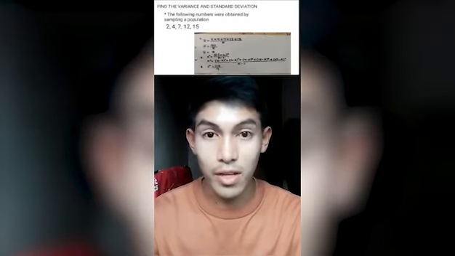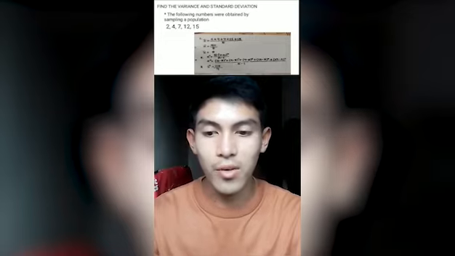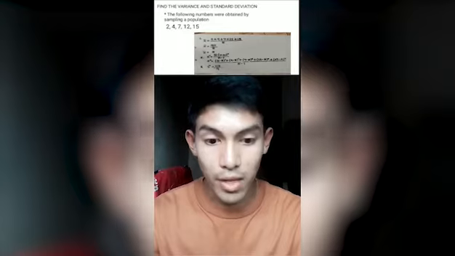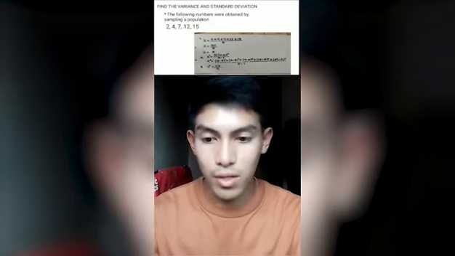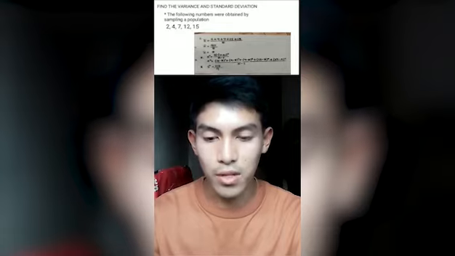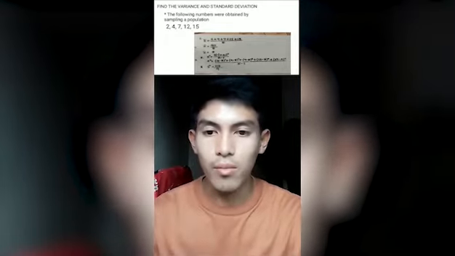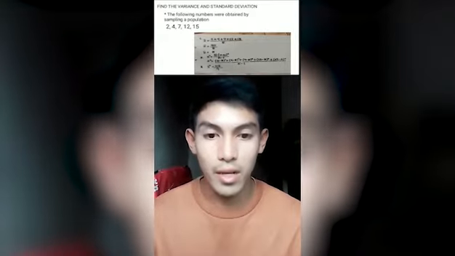We have an example here: find the variance and the standard deviation. The following numbers were obtained by sampling a population: 2, 4, 7, 12, and 15. To find the variance, we must first find the mean of the given data set.